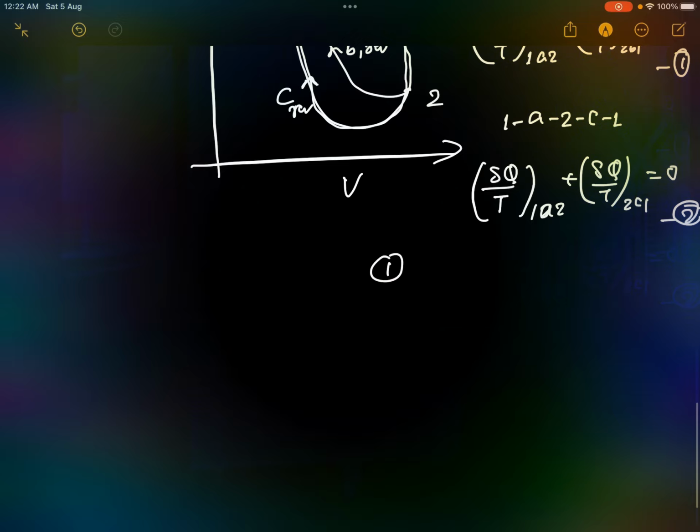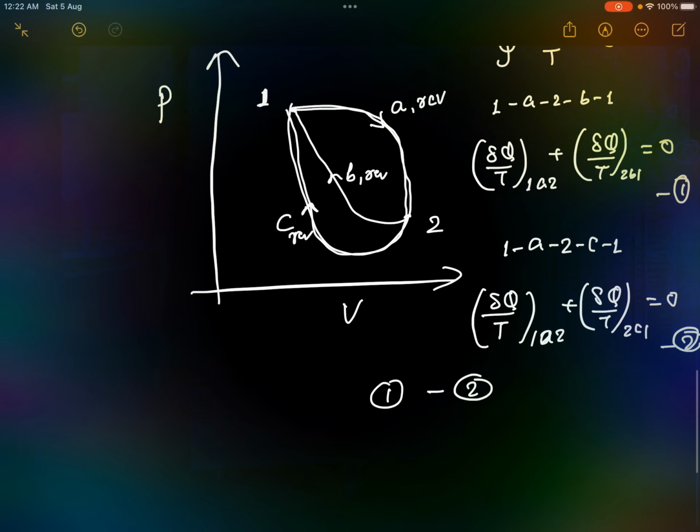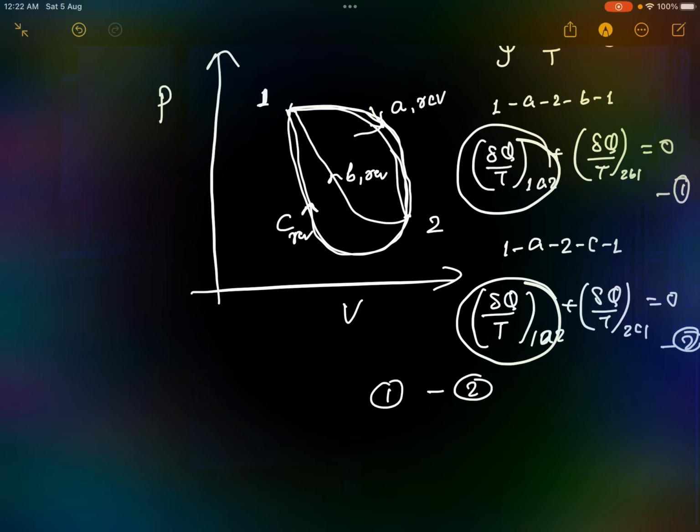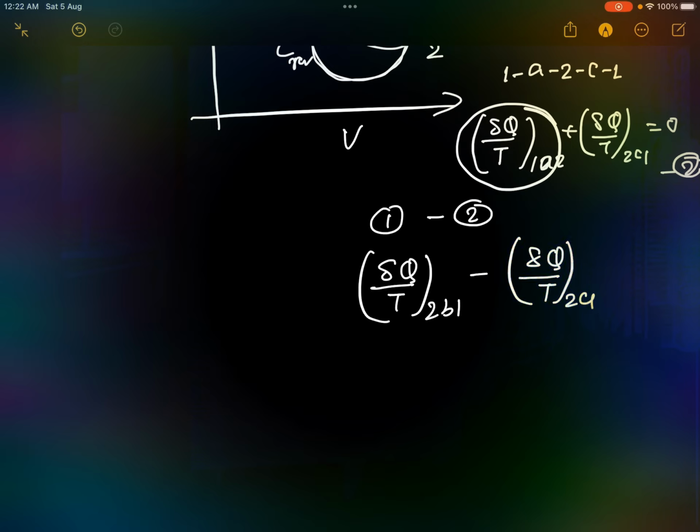Now if I subtract equation 2 from equation 1, the 1A2 term will cancel out, because I'm going from state 1 to 2 along the same path in both equations, and I get del q upon T from 2B1 minus del q upon T from 2C1 is equal to 0.